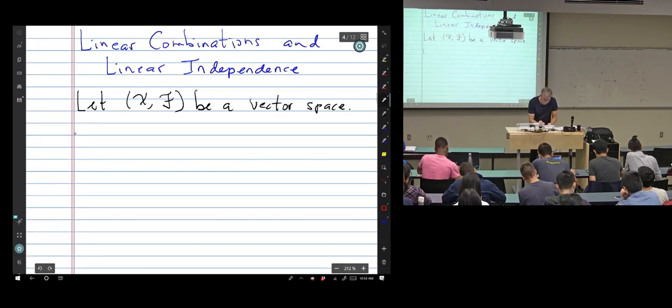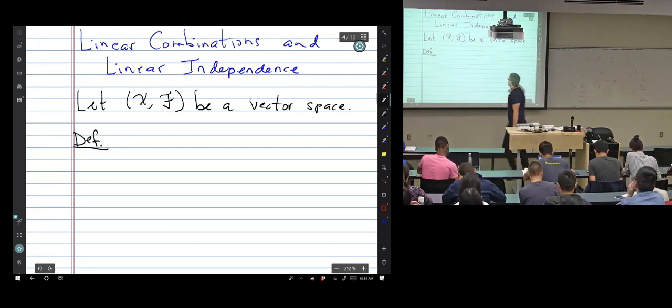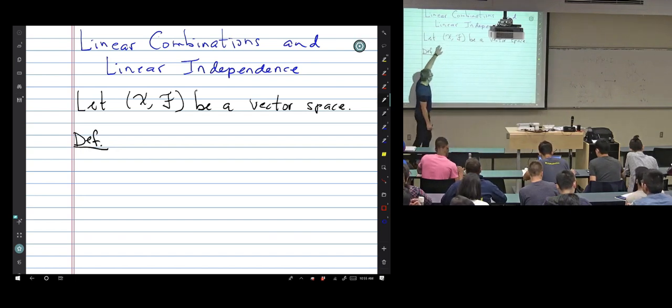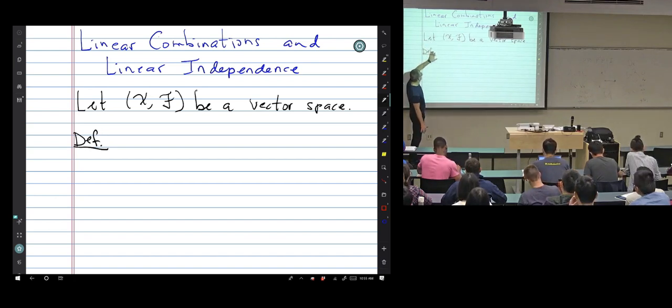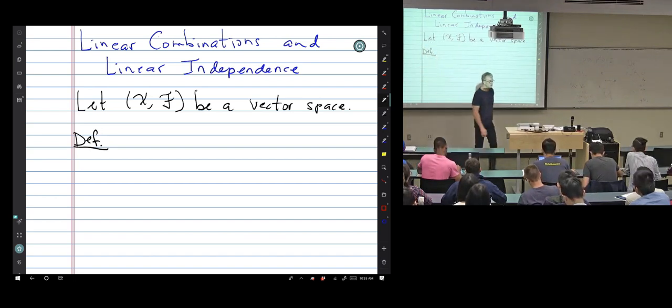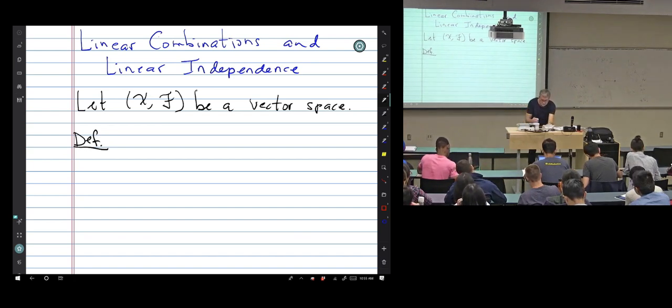Okay, so now when I write down a definition, I'm not going to repeat "let X over F be a vector space" every time. Okay, so it's going to be definitions about this set. Okay. Definition 1.